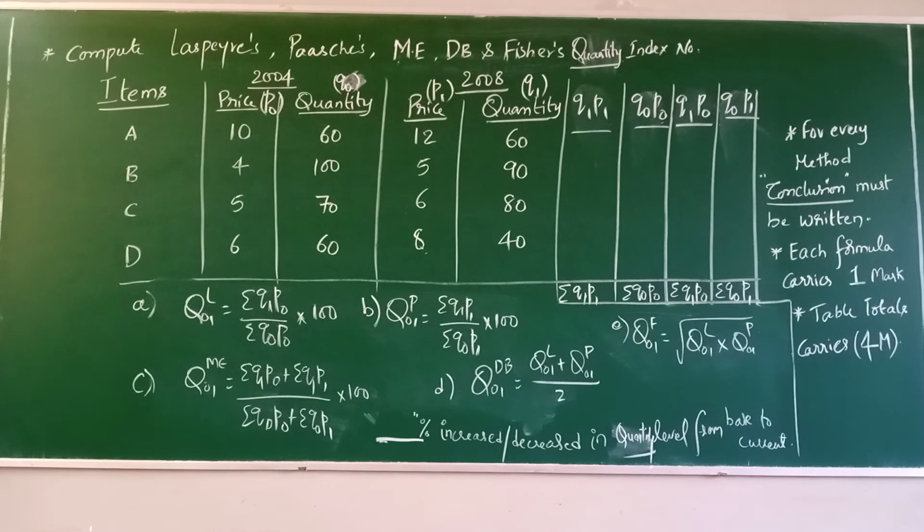See what exactly the question asks you to calculate, whether price or quantity, and then accordingly calculate it. Fine. So this is how the quantity index number is computed by all the methods, Laspeyres to Fisher's.